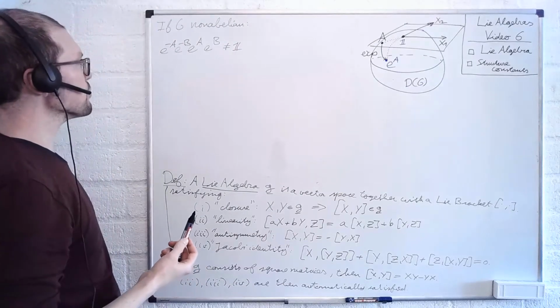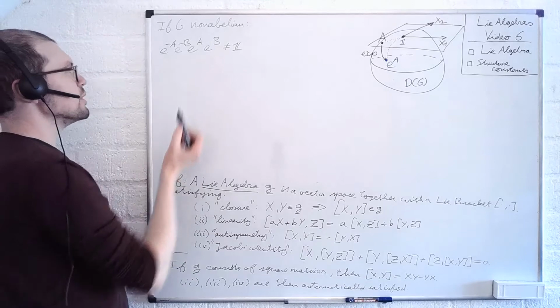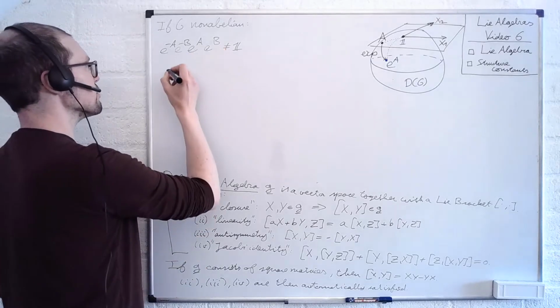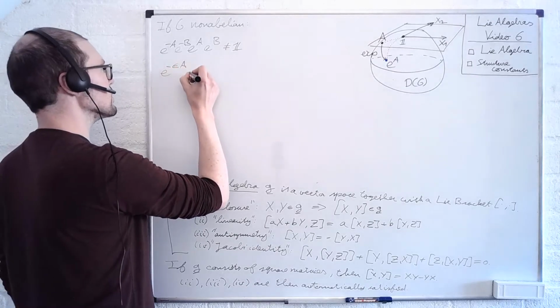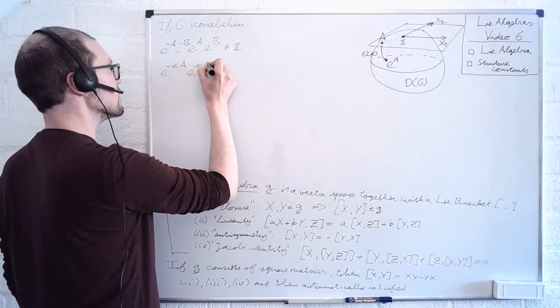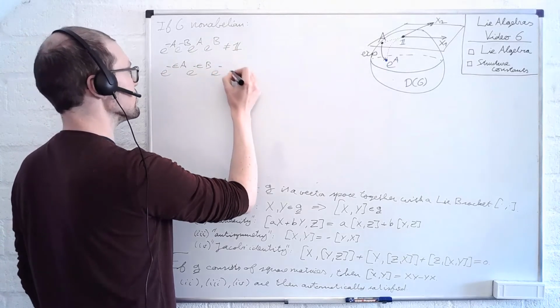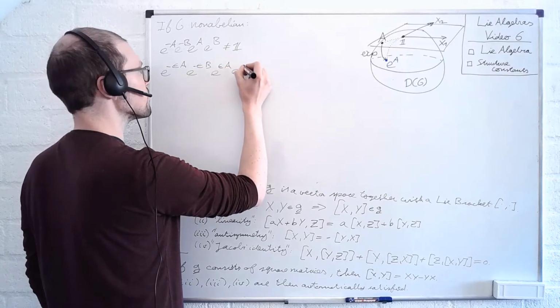So to make this more precise, we're going to take these a and b to be small. So instead of taking them to be fixed vectors, let's look at the combination with minus epsilon a and minus epsilon b. So we just multiply a and b with some small real number epsilon.